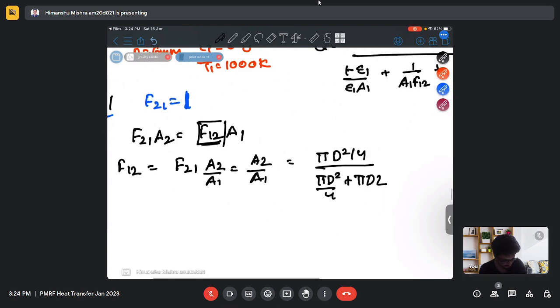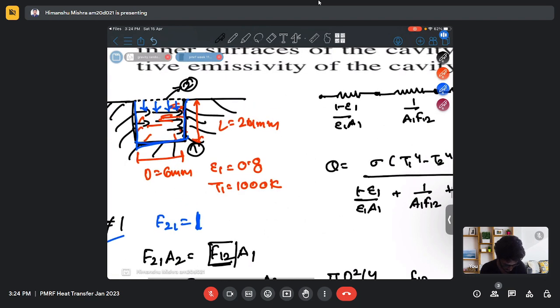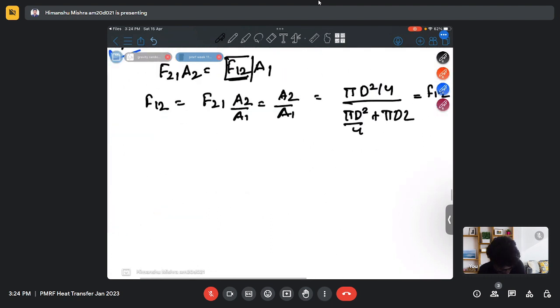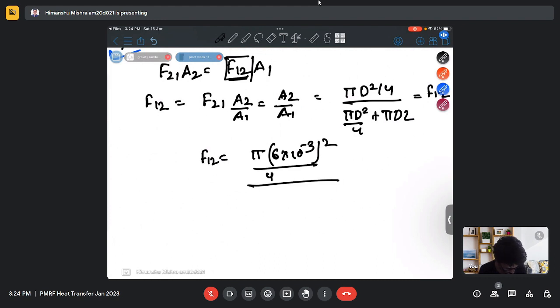So this is my shape factor F12. My D is 6 mm and my L is 24 mm. So I'm writing in SI units.